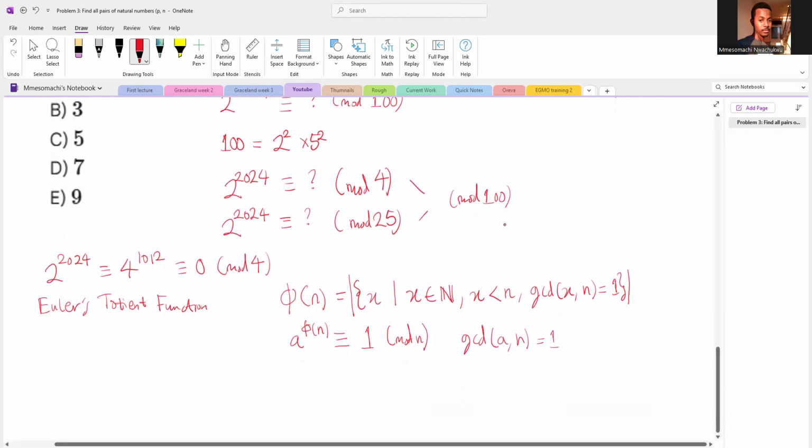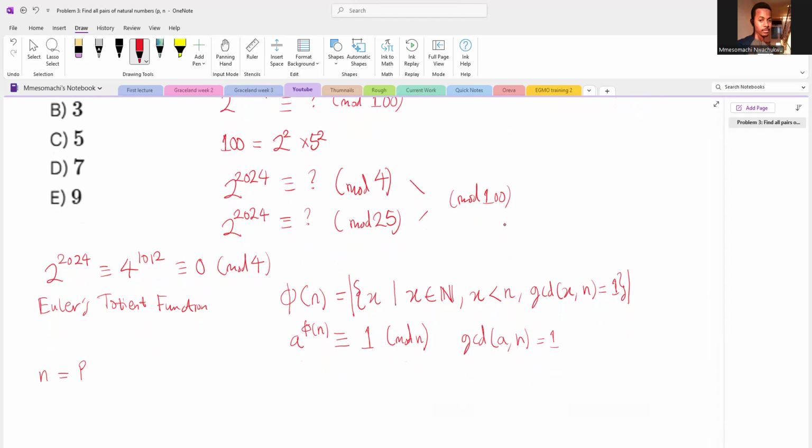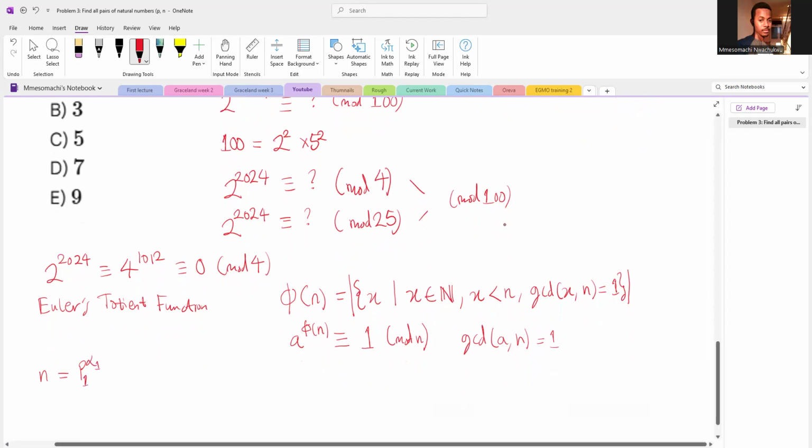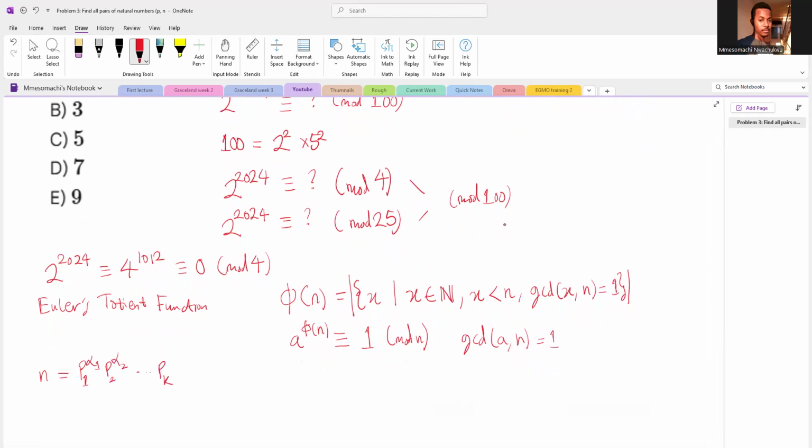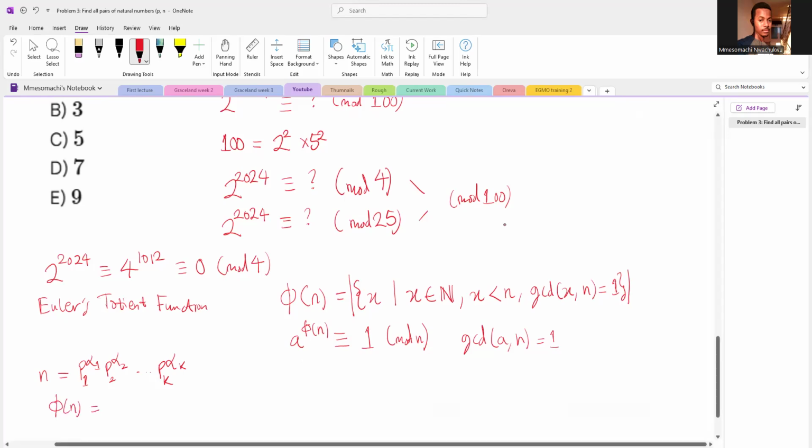Now, if the prime factorization of n is p1 to the power of alpha 1, p2 to the power of alpha 2, and so on up to pk to the power of alpha k, then the totient of n is equal to n times 1 minus 1 over p1, times 1 minus 1 over p2, and so on up to 1 minus 1 over pk.